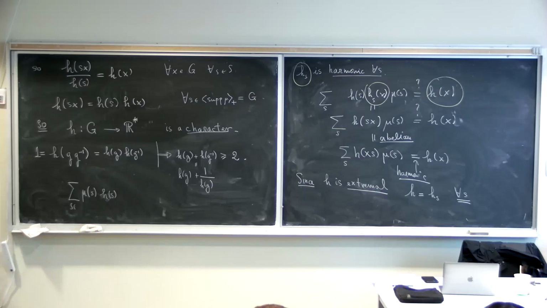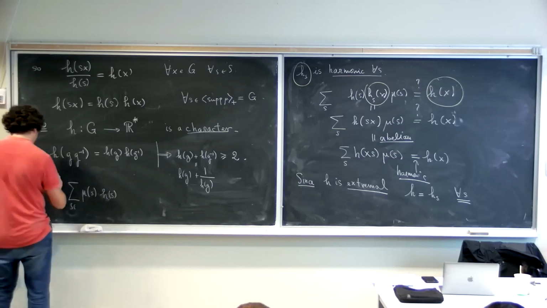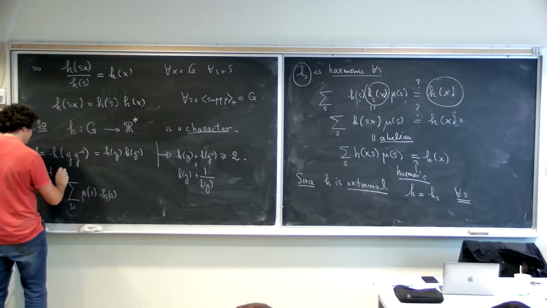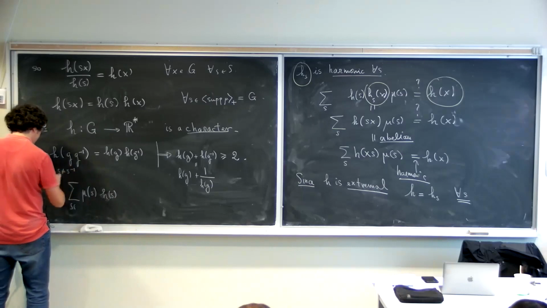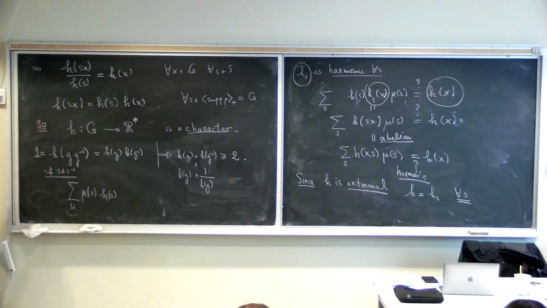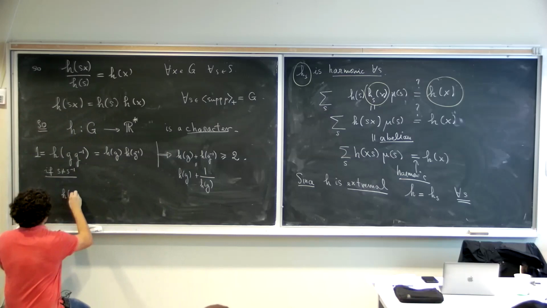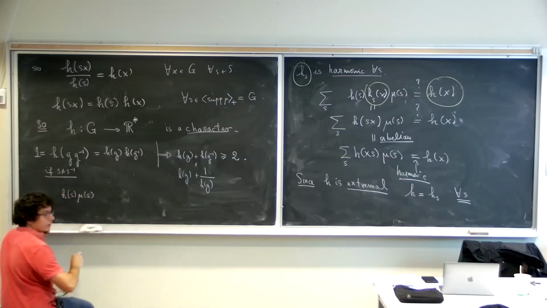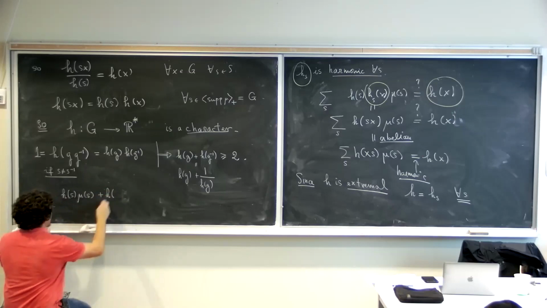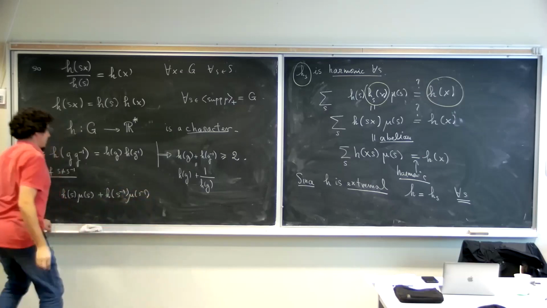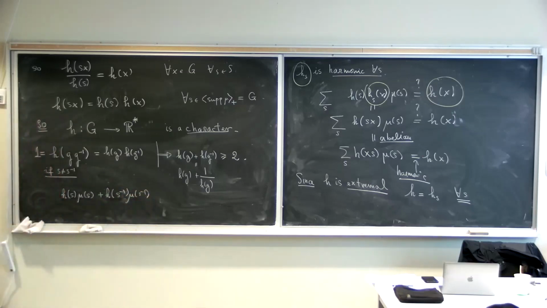Let's see. What I want to say is, if S is different from S inverse, then I take H(S) mu(S) plus H(S inverse) mu(S inverse), and then I sum over all S.